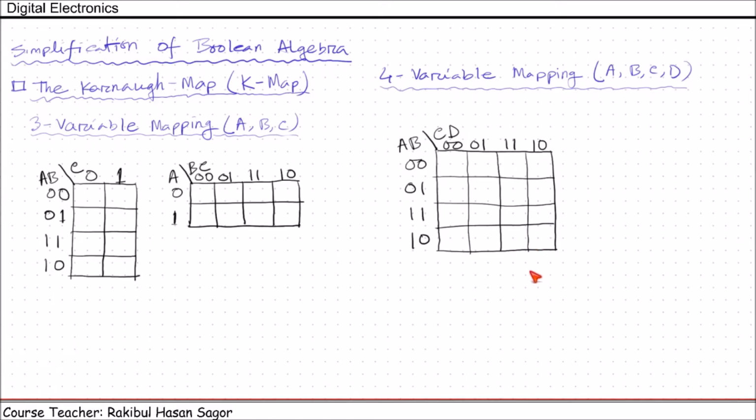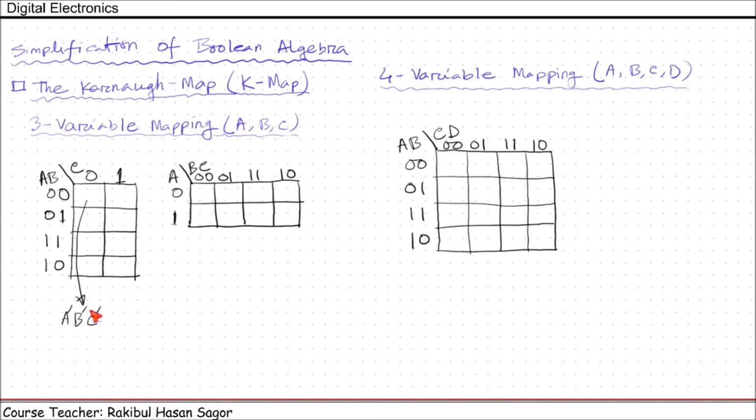Now let's see the names of each smaller rectangle. First of all, what is the address or the name of this rectangle? In minterm form, here we can see A equal to 0, B equal to 0, and C equal to 0. This rectangle represents the values of A, B, C as 0, 0, 0 respectively. The name of this rectangle in terms of minterms can be written as A prime, B prime, C prime.